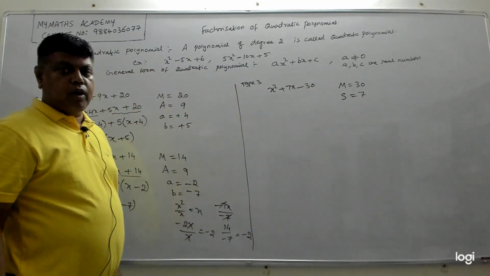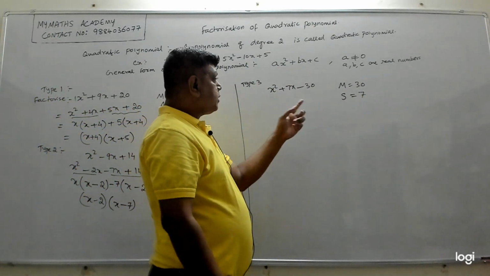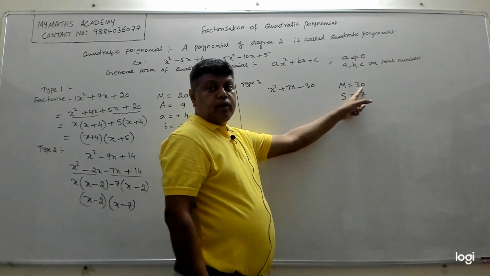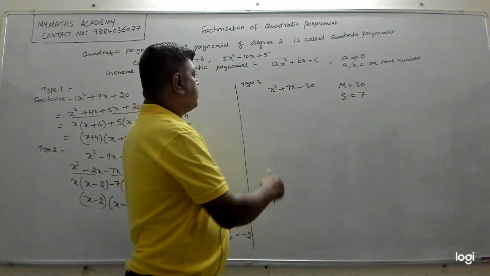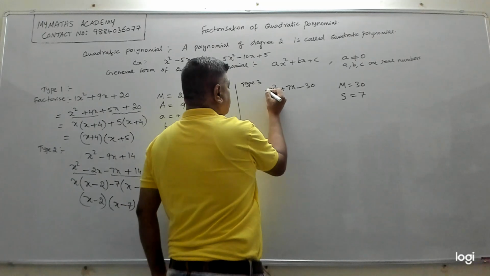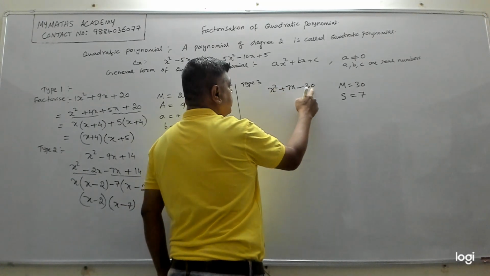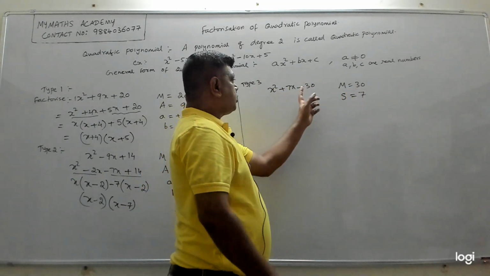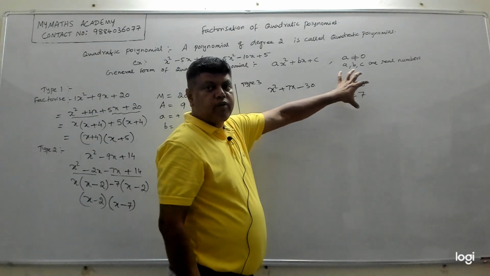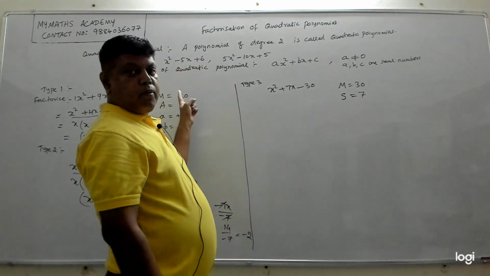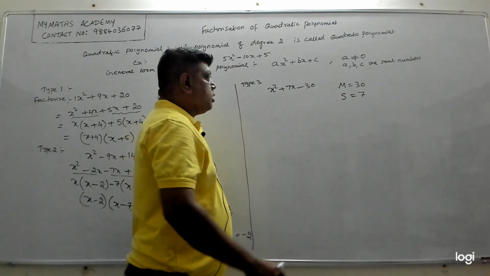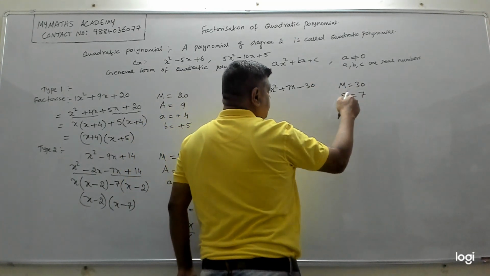Okay, is it clear? So I'll repeat again. When I multiply two numbers, I should get 30. How did I get this 30? M equal to 30. I will take the coefficient of x square, which is 1. 1 into 30 is 30. We need not worry about the sign minus 30. When you write m and a or m and s, you need not worry about the sign. Same two numbers if I subtract.